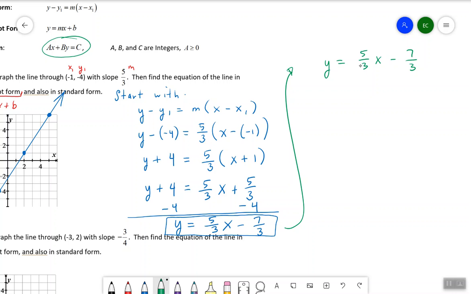So if I've already got a positive coefficient on x, then maybe I'll just leave this term here. Maybe I could subtract the y to the other side and get 5/3 x minus y. And then I could add the constant to both sides to have a positive 7/3 on the other side. That's a pretty good move. I could probably switch the two sides.